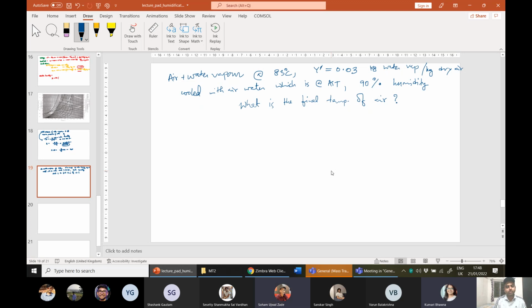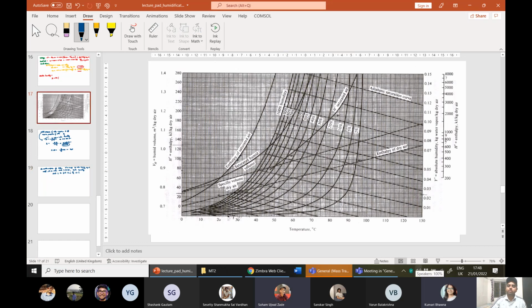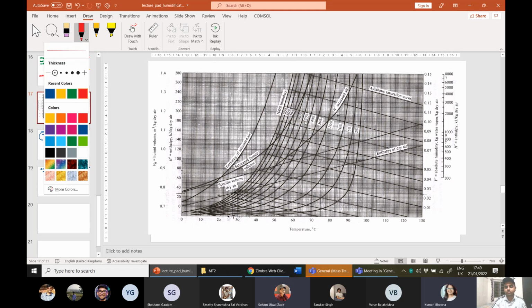Yes. Then I think we should move along the adiabatic saturation line, so we'll go diagonally. Then I think we should stop at 90%, the curve of 90%.